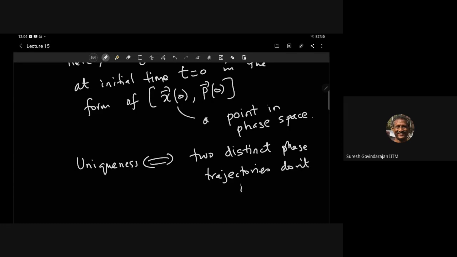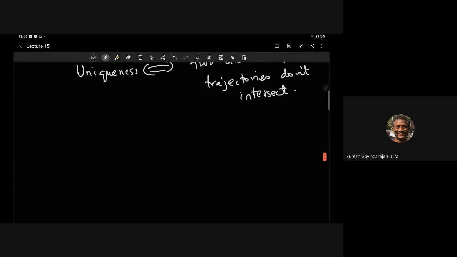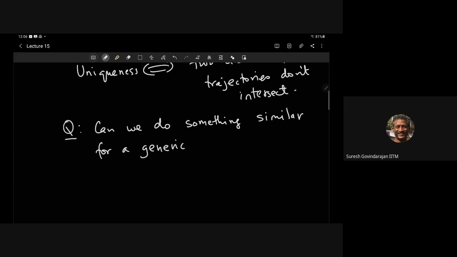So the question is, can we do something similar for a generic Lagrangian system?